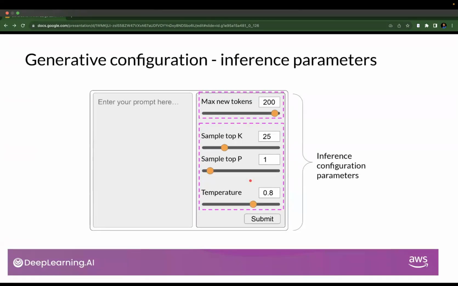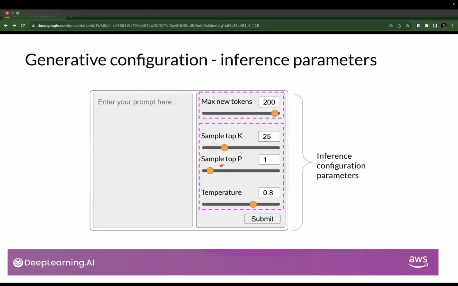In the course, they also talk about different configurations you can use when you are working with LLMs. These are called inference parameters. Max new tokens means how many new words or tokens you would like to generate from the decoder. Sample top K and sample top P are used to provide some liberty or creativity to the LLM. If you always choose the token which has the maximum probability, you will always end up having the same sentence.